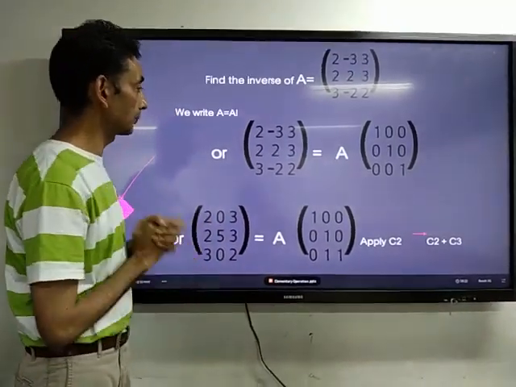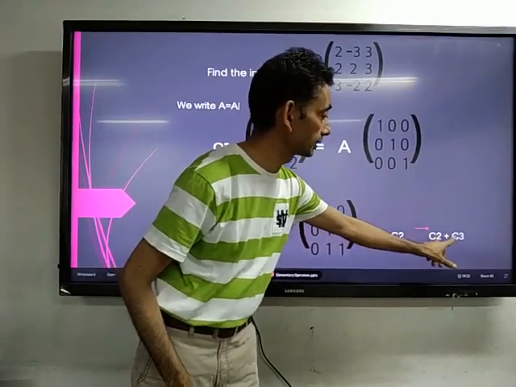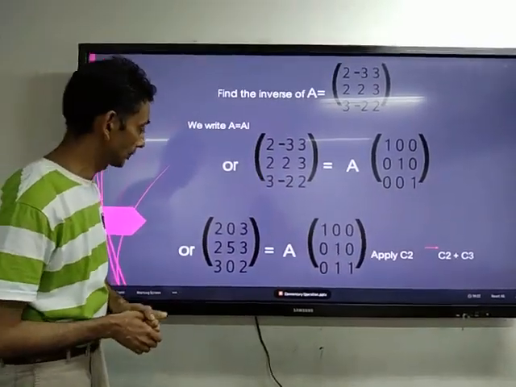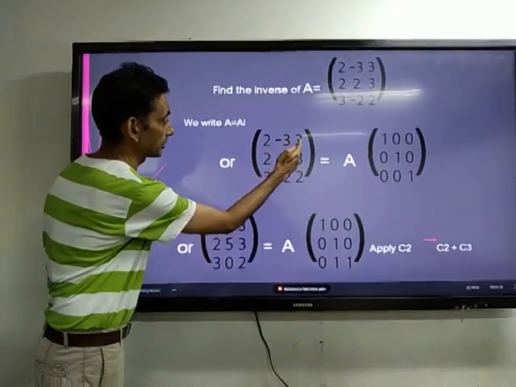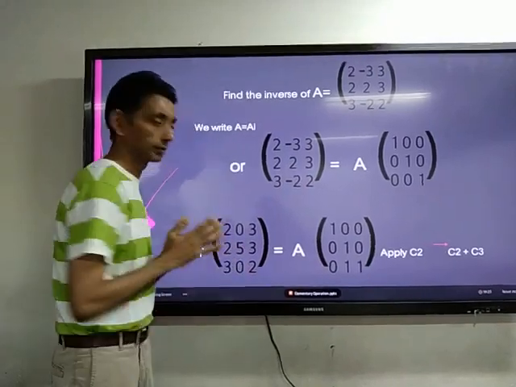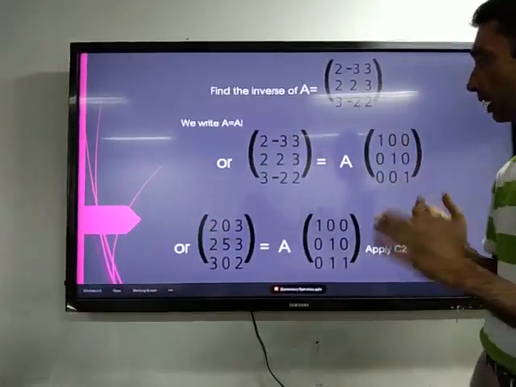So the first rule we are going to apply is C2 becomes C2 plus C3. That means we are changing C2, that is column 2. Adding, -3 and 3 is 0, 2 plus 3 is 5, -2 plus 2 is 0.